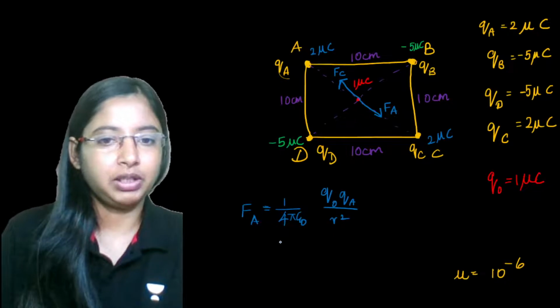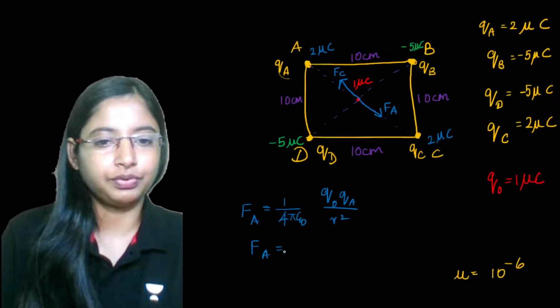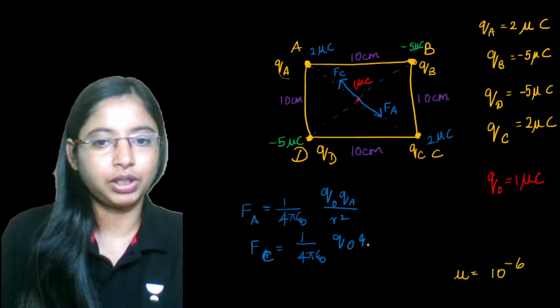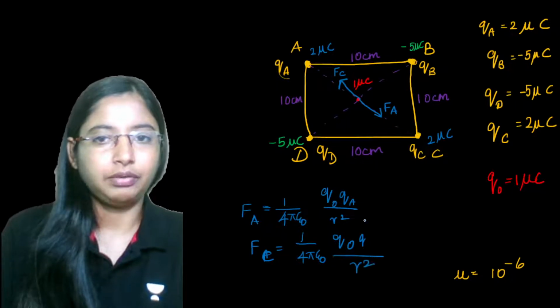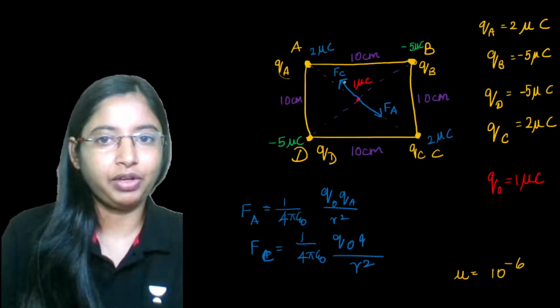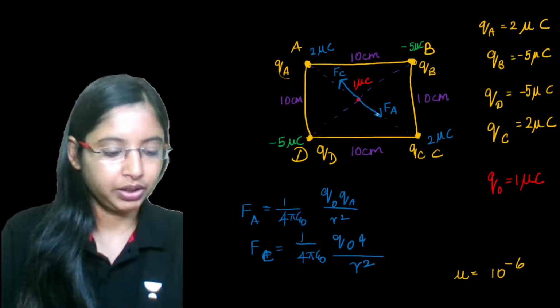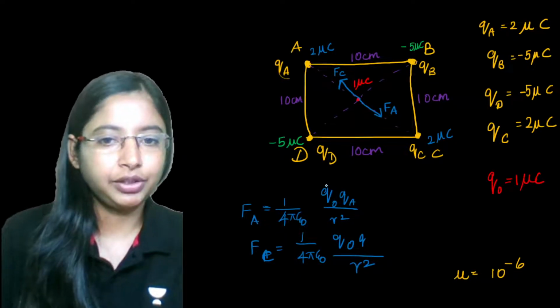Similarly, the force because of the charge that is kept at C will be 1 by 4 pi epsilon naught, Q naught QC divided by R square. If you look at all of these charges around, the magnitude remains the same.